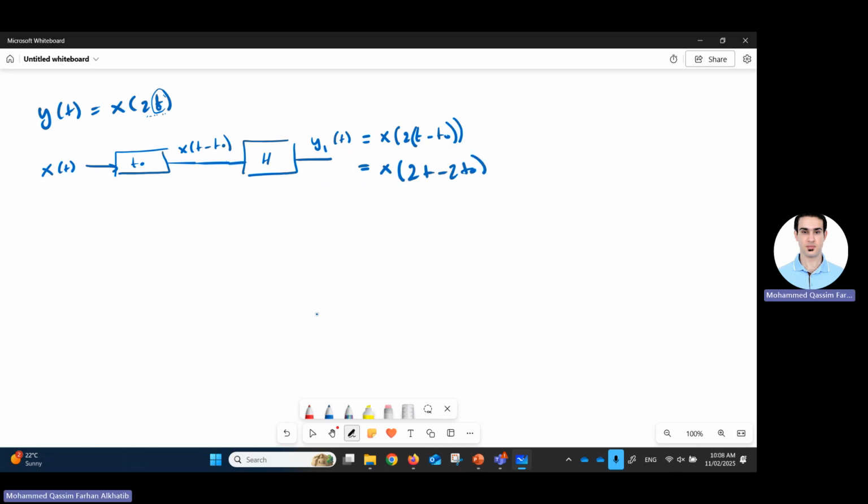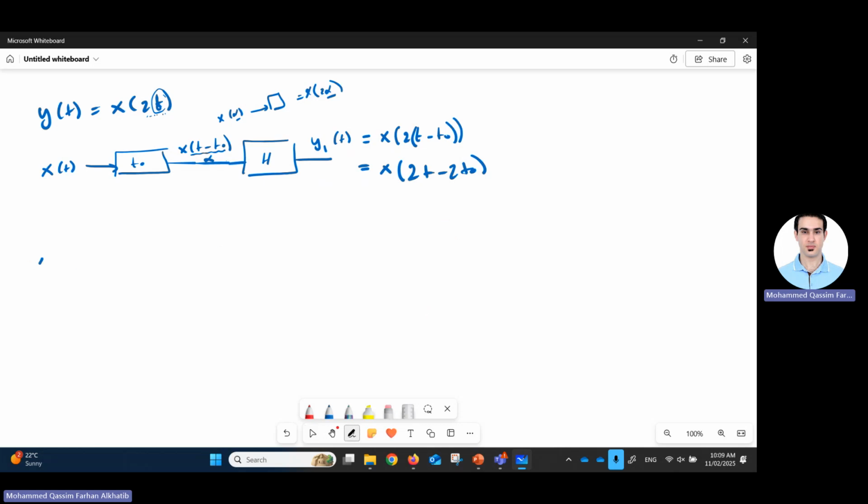Or if you want to consider it this way, consider this one alpha, like x of alpha. Apply the transformation and I will get x of 2 alpha. Then substitute for alpha as t minus t naught, and you'll get this output.